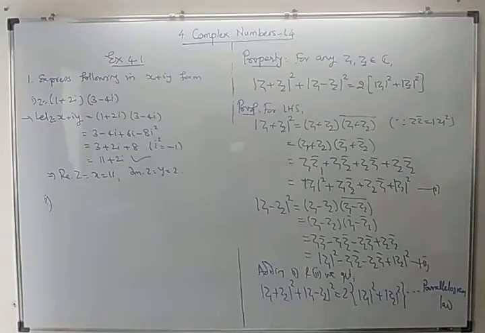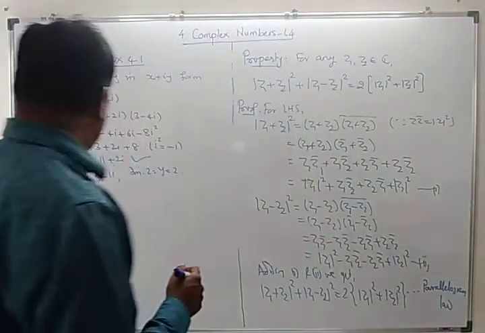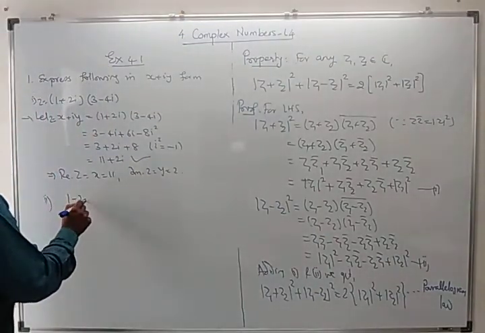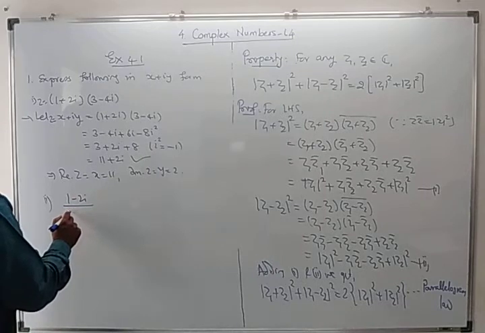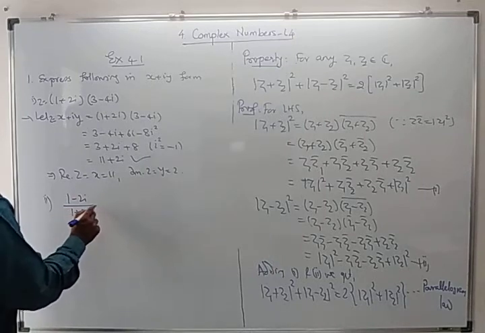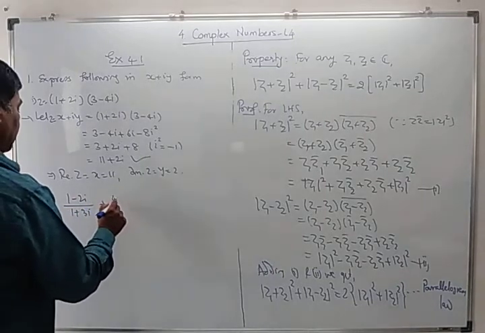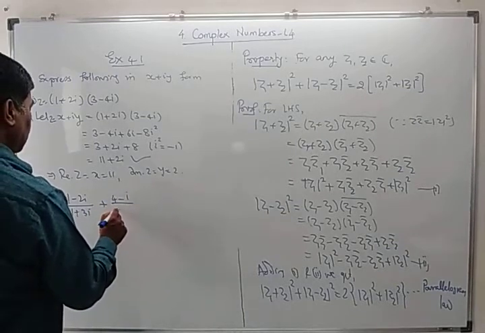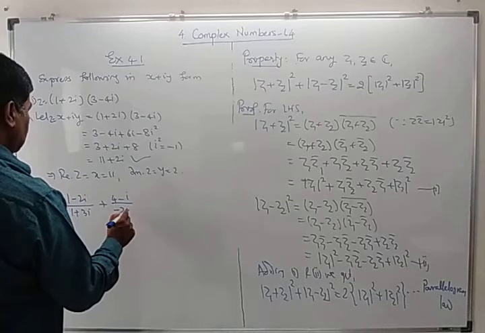Then we will take (1 minus 2i) upon (1 plus 3i) plus (4 minus i) upon (minus 2 plus i).